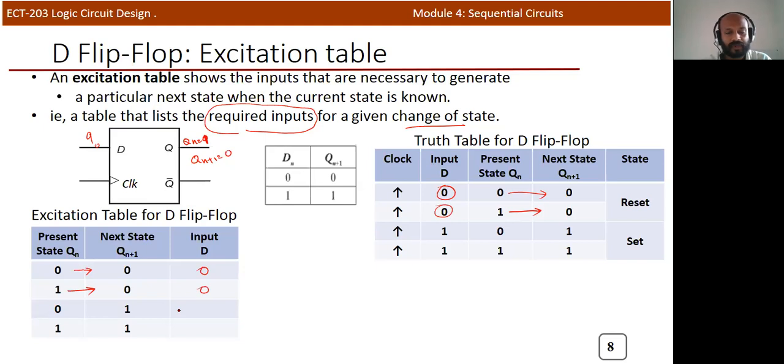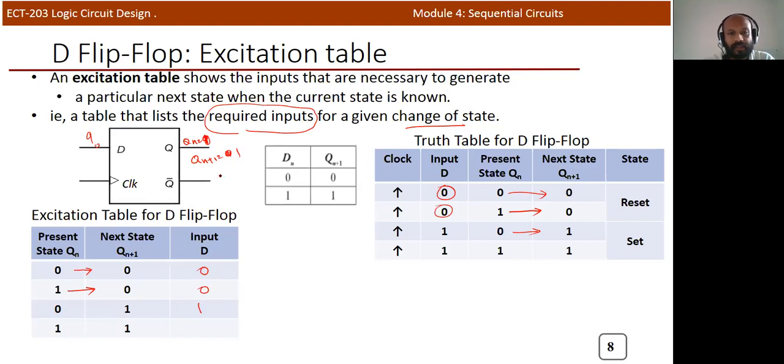Next possibility, 0 to 1. Initially 0, now it is changing to 1. In order to change from 0 to 1, the D input should be 1.